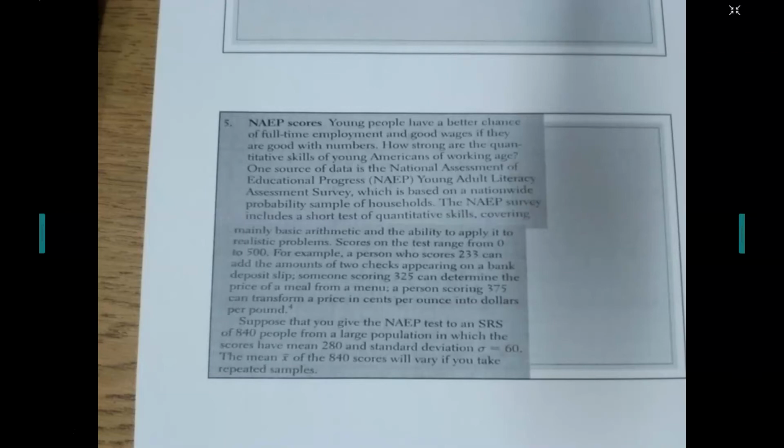Scores on the test range from 0 to 500. For example, a person who scores 233 can add amounts of 2 checks appearing on a bank deposit slip. Someone scoring a 325 can determine the price of a meal from a menu, and a person scoring 375 can transform a price in cents per ounce into dollars per pound.